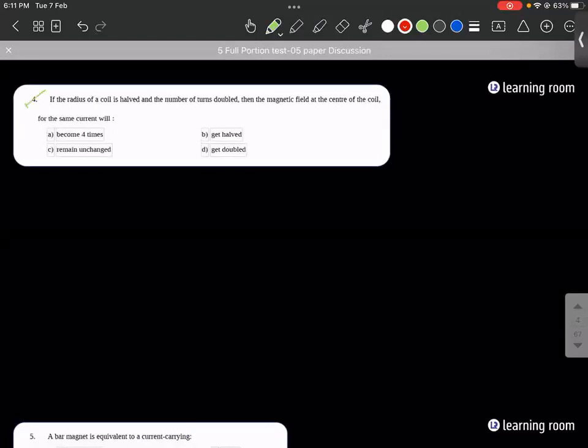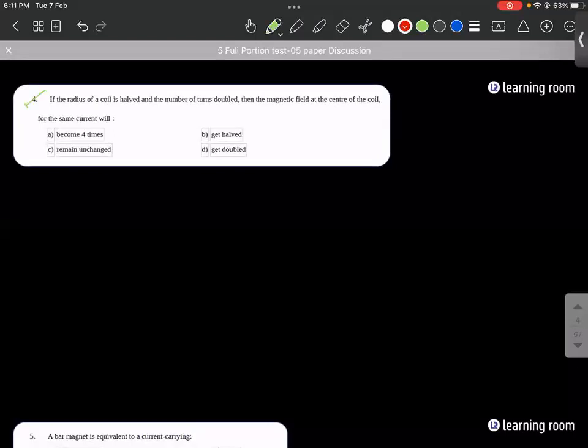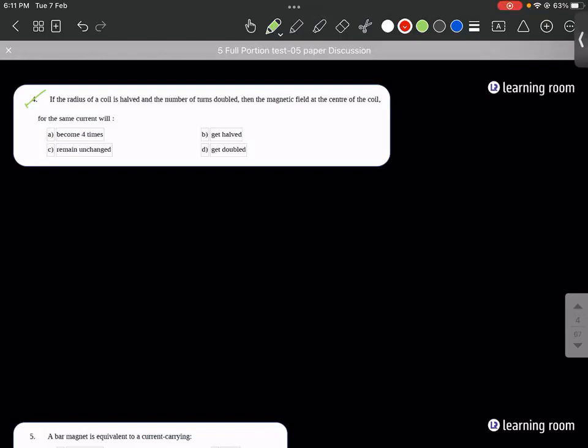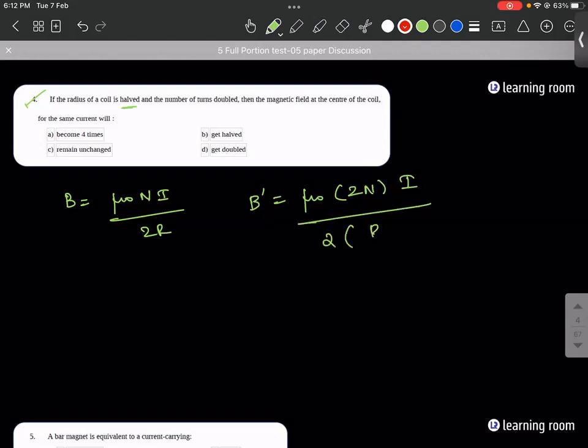If the radius of a coil is halved and the number of turns is doubled, then the magnetic field at the center of the coil for the same current will be. So B is equal to mu naught Ni divided by 2R. So B dash will be equal to mu naught into, radius is halved and the turns is doubled. So here it will become 2n into I divided by 2 into R by 2.